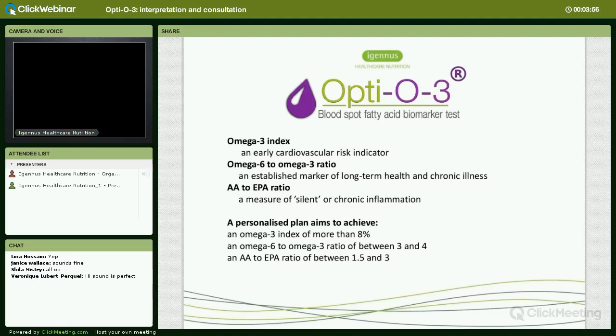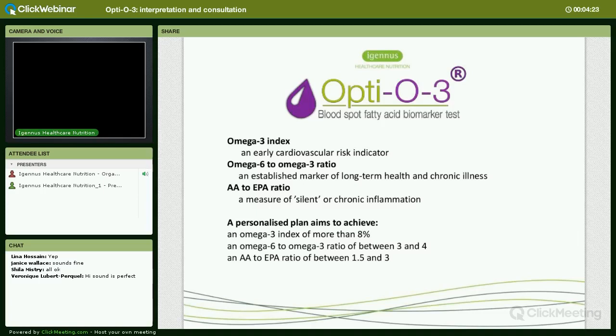It's the ratio of these two specific fatty acids that really gives us a comprehensive overview of our inflammatory status. And so the AA to EPA ratio gives us a measure of silent or chronic inflammation.